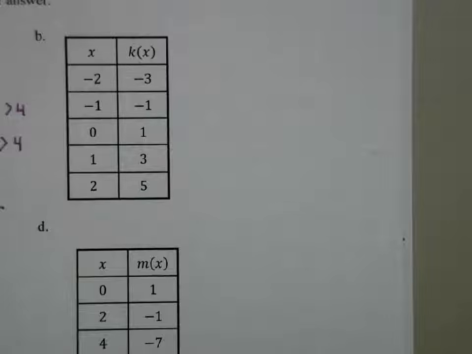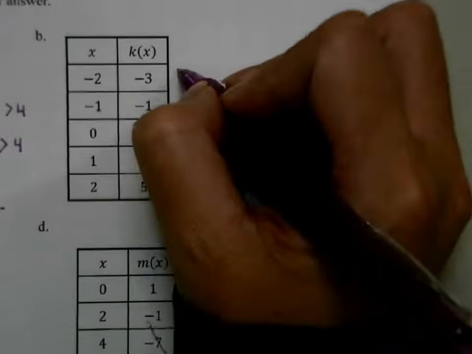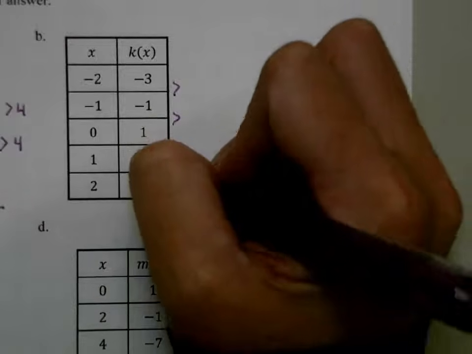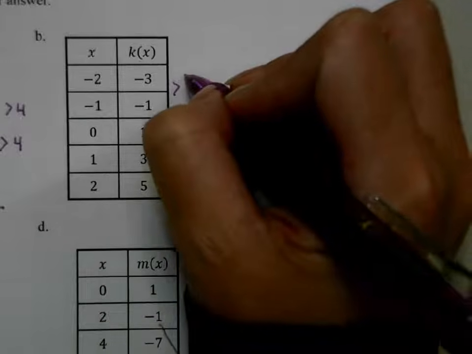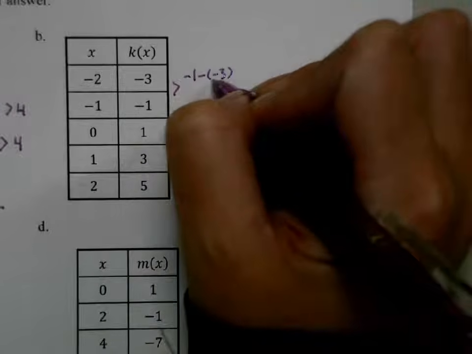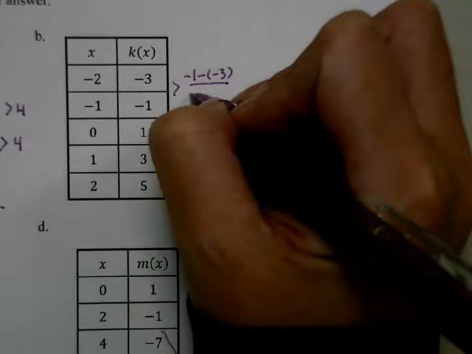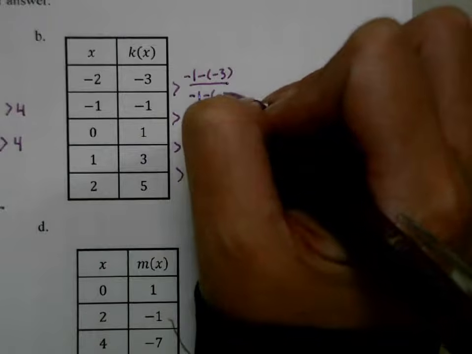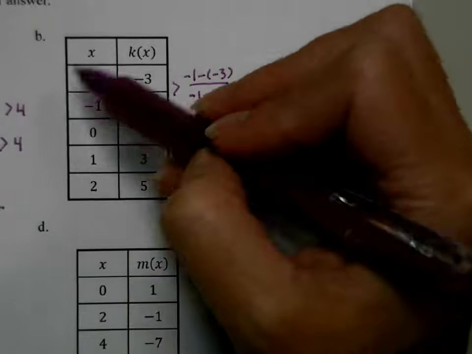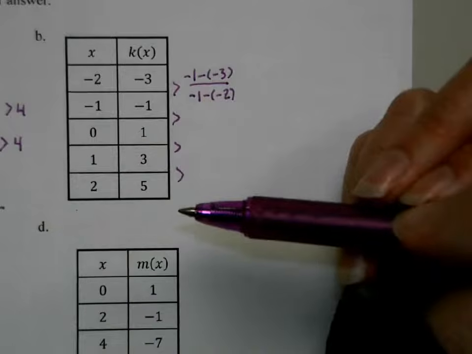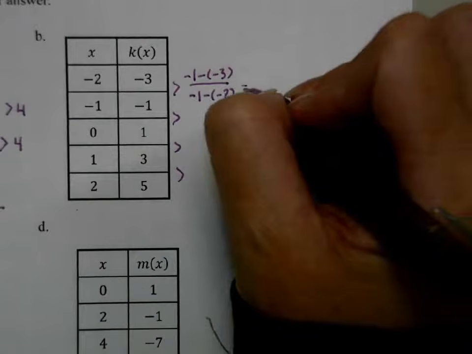Okay, here we've got -1 minus -3 over -1 minus -2. Now these denominators are all going to be 1 because we're going up by 1, so we might save ourselves a little time on that. So this will be 2 over 1, which is 2.